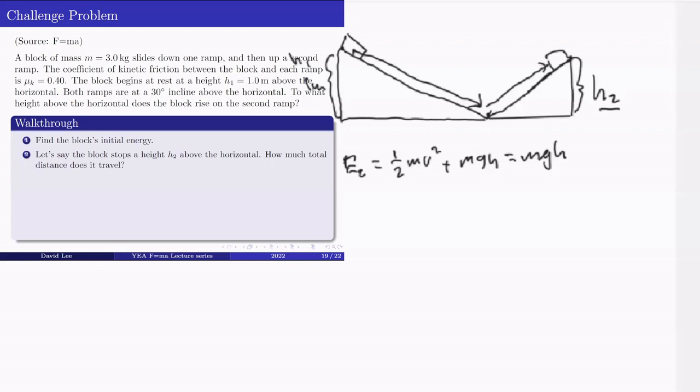The reason we want this distance is that then we can do work is force times distance. So we're going to want to find the work of friction. But for now, I'll give you another minute or two to find the distance in terms of h2, and this should be just geometry, I think.